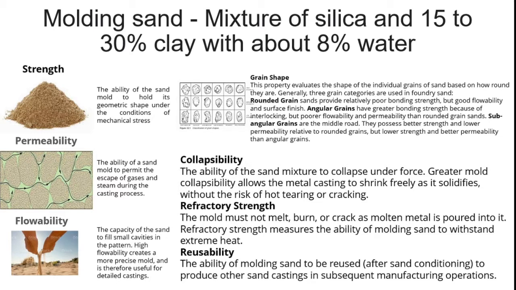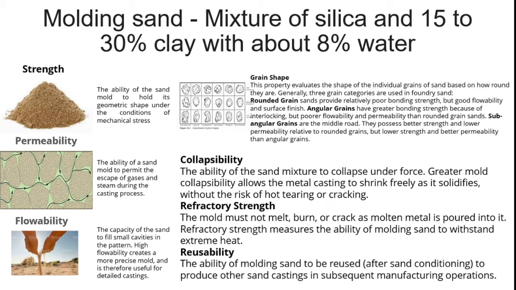Here the rounded grain sands provide a relatively poor bonding strength but good flowability and surface finish. For that reason, we may go for angular grains, which give greater bonding strength because of interlocking but poorer flowability and permeability than rounded grain sands.